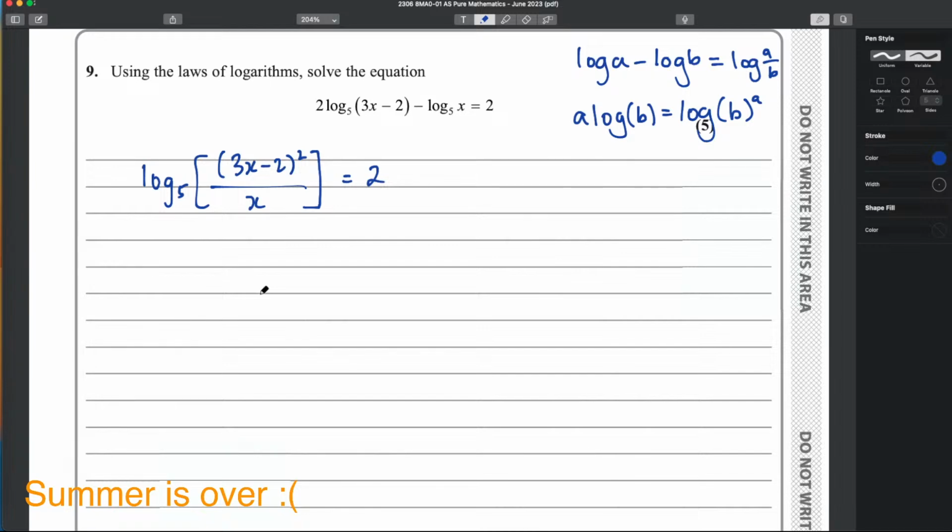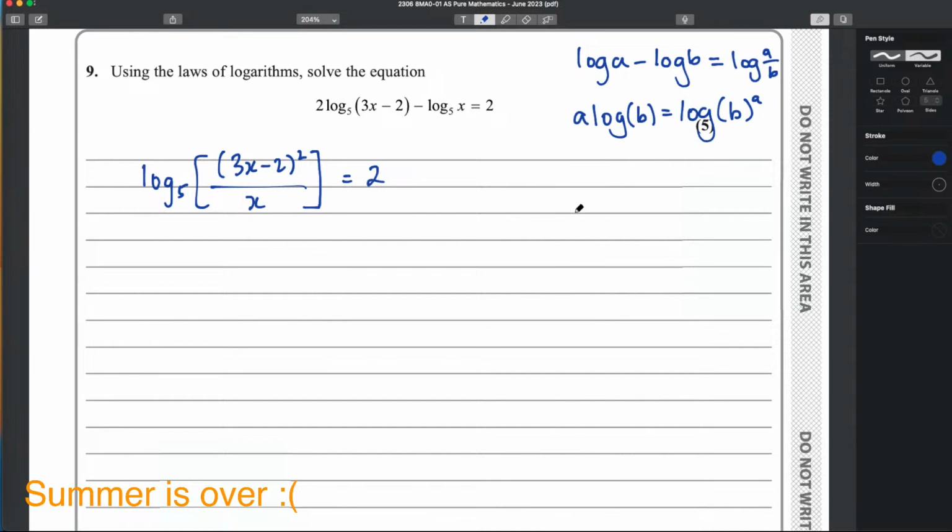We could raise everything to the power of 5, right? Are we allowed to do that? I think so.